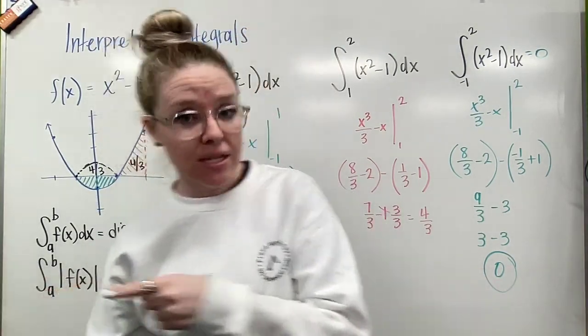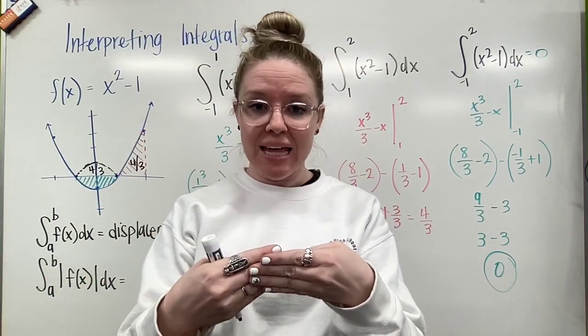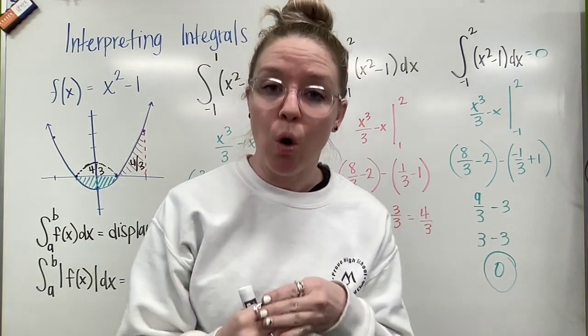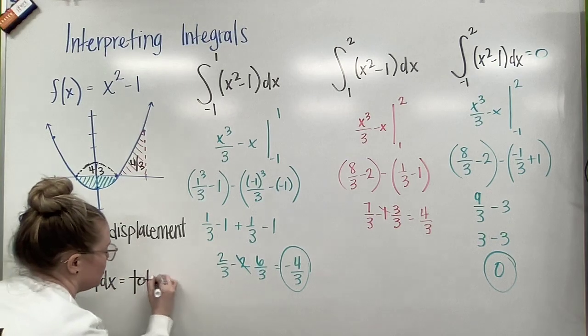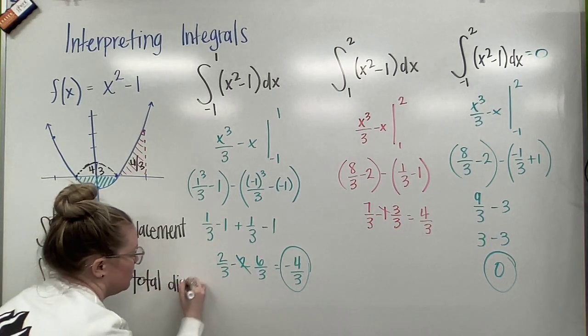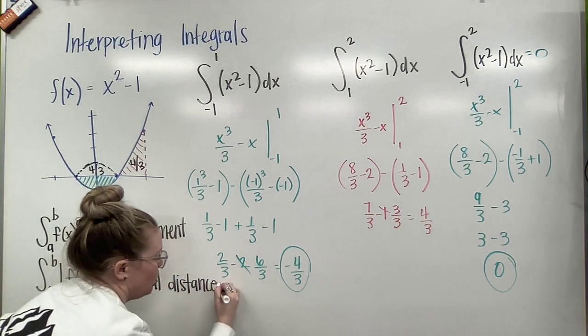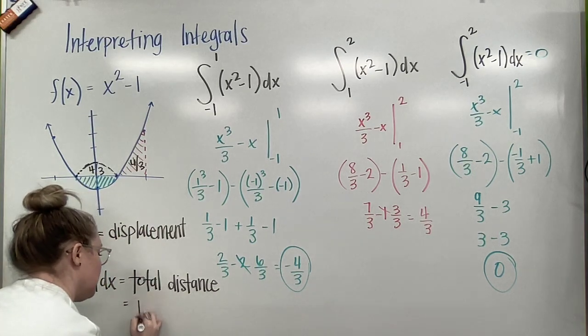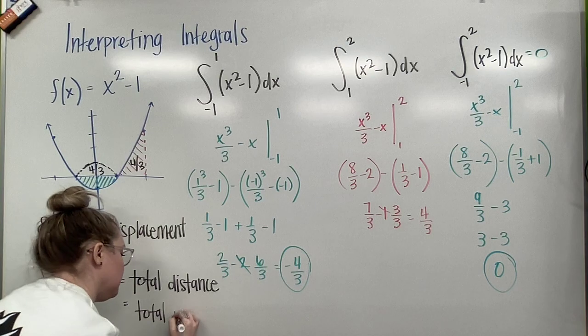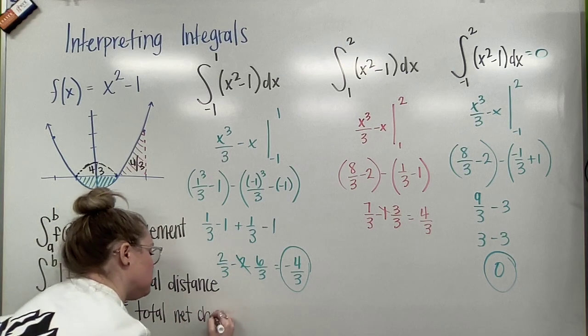I went backwards, then I went forward, combine that, and that gives us our total distance traveled. So total distance. Or you could say, instead of total distance, this is our total net change.